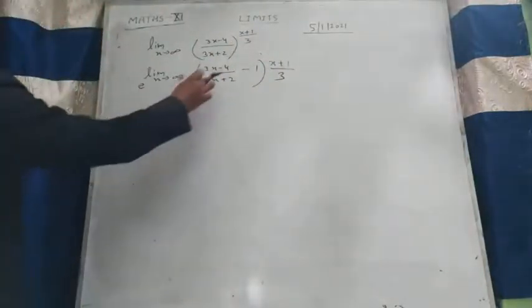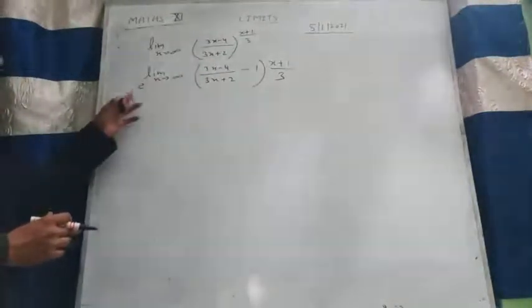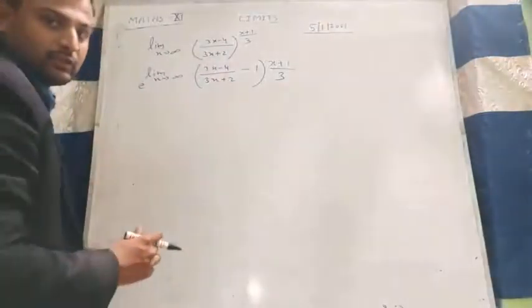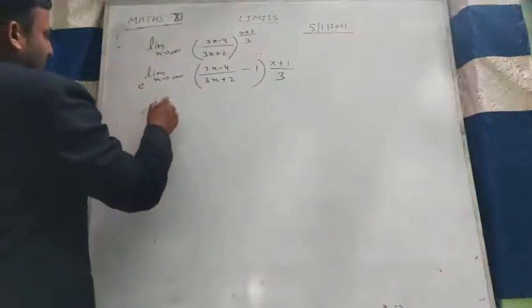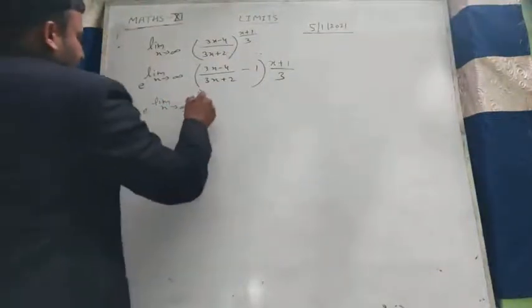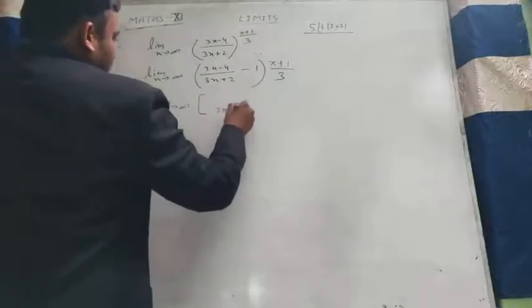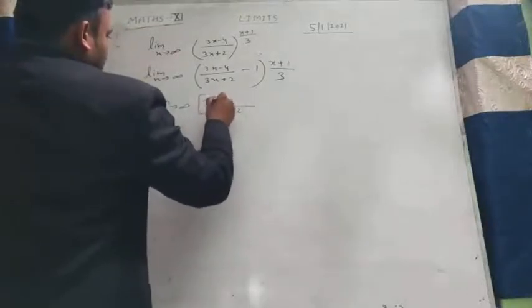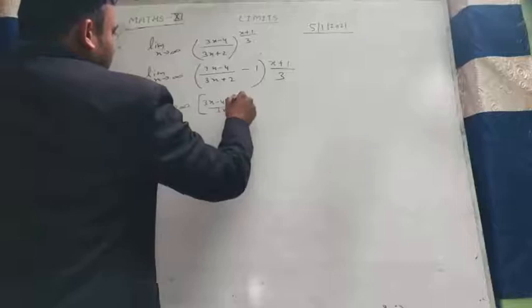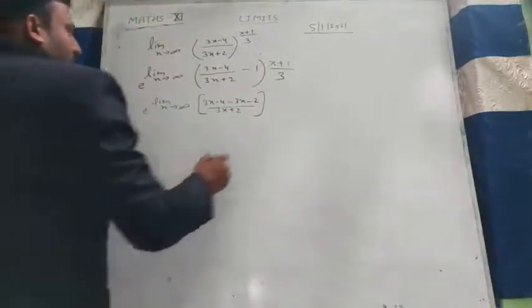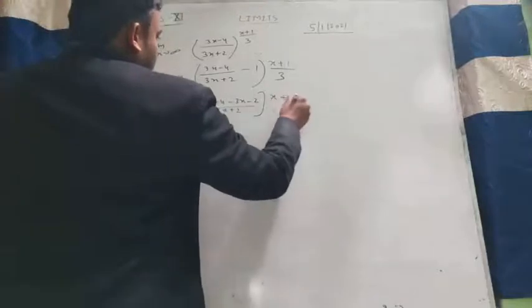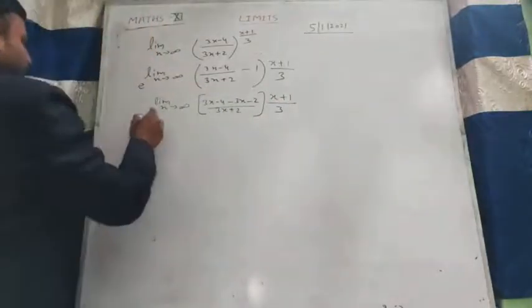So we write (f(x) minus 1) into g(x), and the limit is e to the power limit as x tends to infinity. So e to the power limit as x tends to infinity of (3x minus 4 minus 3x minus 2) by (3x plus 2), times (x plus 1) by 3.